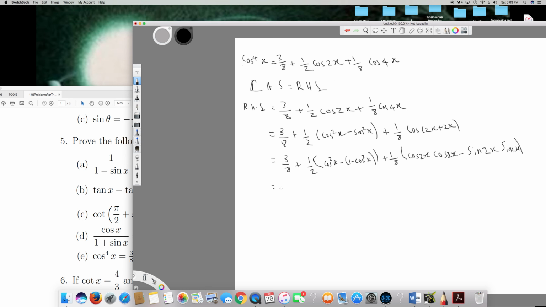So let's say 3 over 8 plus, let's make it a smaller thing, cos square x minus 1 plus cos square x, plus cos square x, and what else?